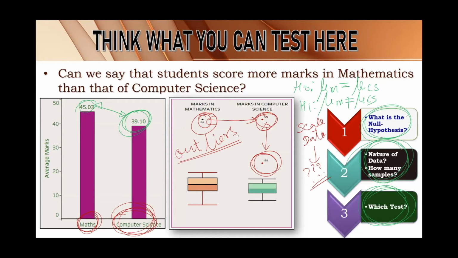But don't you think it's a reality? Yes, sir, it can be. Getting 99% marks by some students may be a reality. And if it is a reality, then we should not ignore it and we should take care of it. Okay.